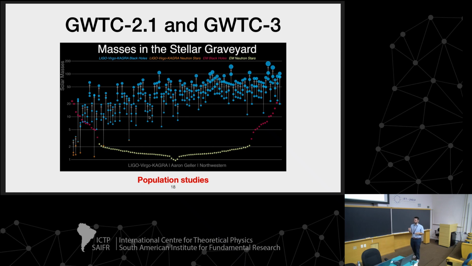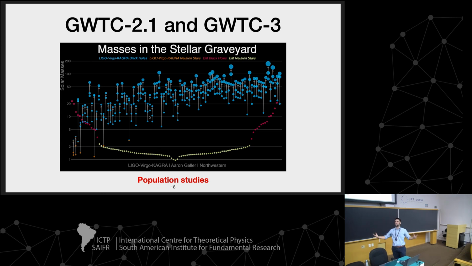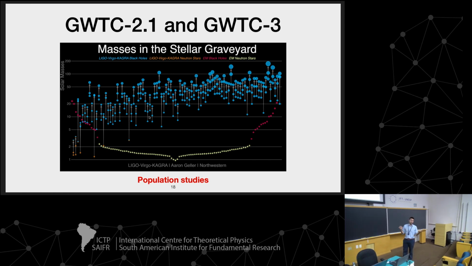A gravitational wave detector is observing an entire volume. Massive black holes come from massive stars. Massive stars are very rare, so you need a big volume to actually have statistics of massive stars. So that is another selection bias.